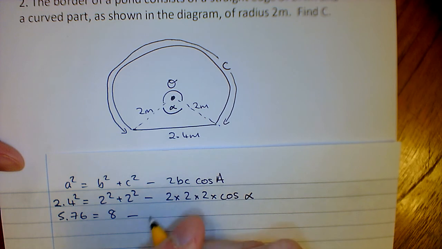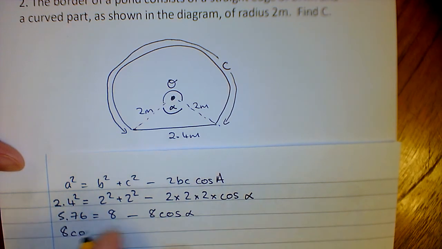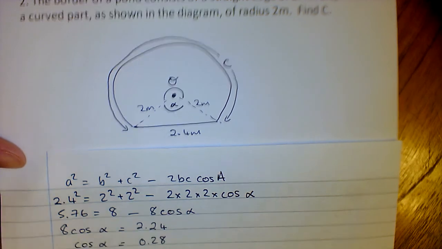And 2 by 2 by 2, that gives us 8 as well. So we get 8 cos alpha equals 2.24. So cos alpha equals 0.28.